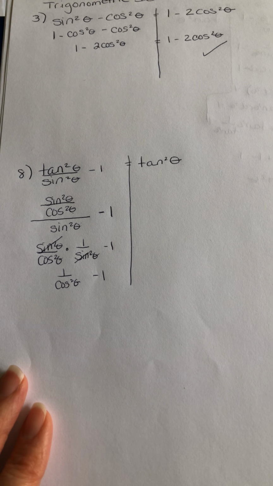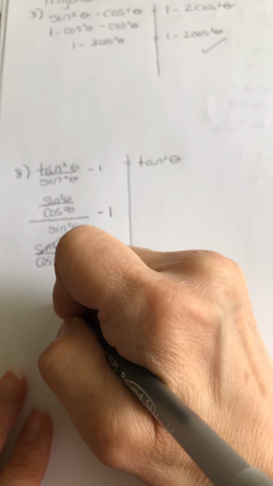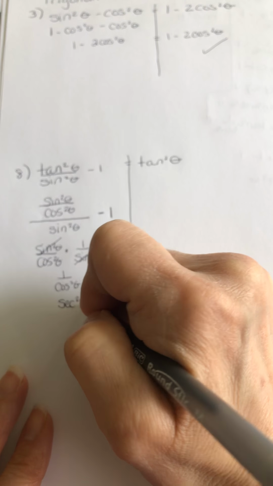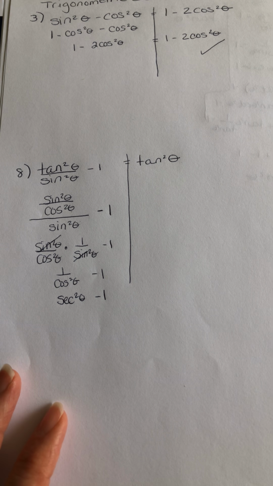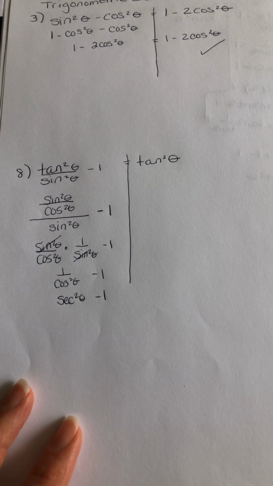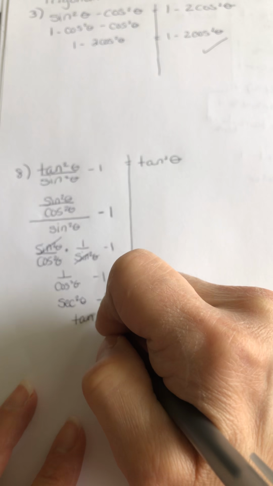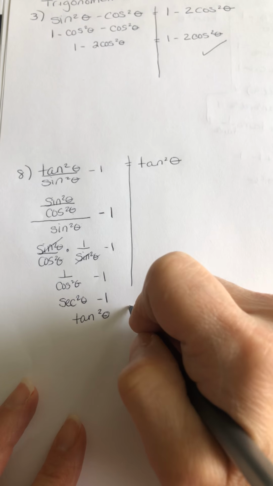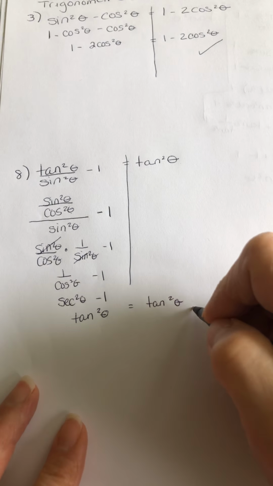And I know that 1 over cosine squared theta is the same as secant squared theta. And this is one of those Pythagorean identities. So if you look at your identity sheet, secant squared theta is equal to 1 plus tangent squared theta. So I know that tangent squared theta is the same as secant squared theta minus 1. So this becomes tangent squared theta and tangent squared theta. So we are set with that.